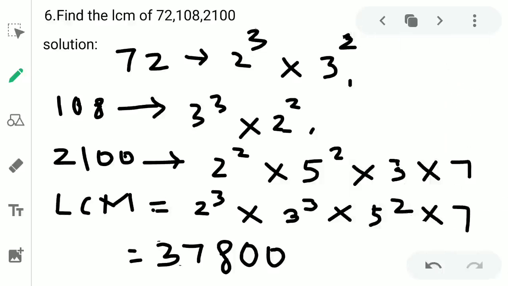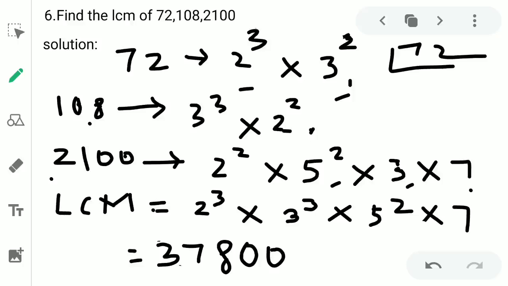Moving on to the sixth one, find the LCM of 72, 108, 2100. 72 is 2 cube into 3 square. When you take the factors of 72, you will get these answers. When you take 108, you will get these answers. When you take 2100, you will get 2 square into 3 into 5 square into, sorry, 7.